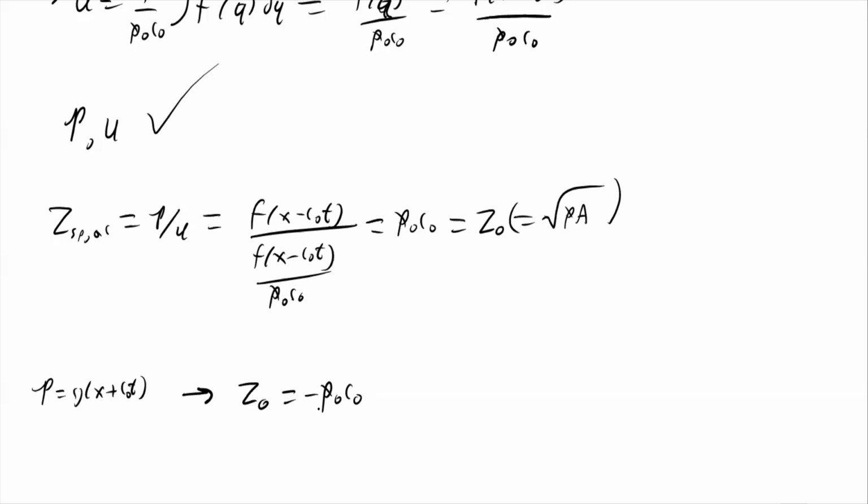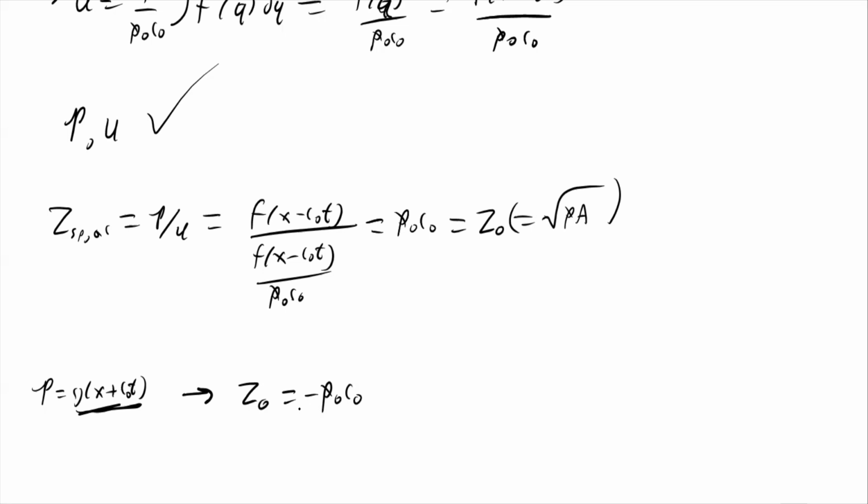It's because impedances are directionally dependent. If you were to do the same analysis we did with an outgoing wave, but with an incoming wave, so with this expression, instead of f of x minus c naught t, you use g of x plus c naught t, you will find that z naught is negative rho naught c naught. Now, the magnitude hasn't changed, but the directionality, one being positive and one being negative, did change.